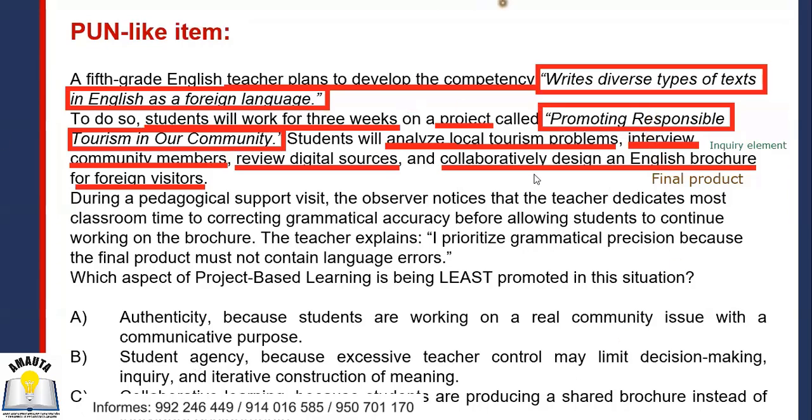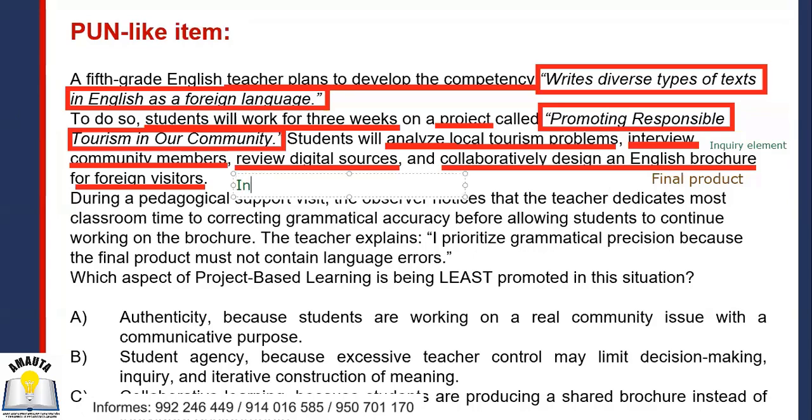The best decision to be included in this brochure. And not only that information that they will get from the members, they will also review digital sources. Here we have, for example, the investigation element we mentioned, right?